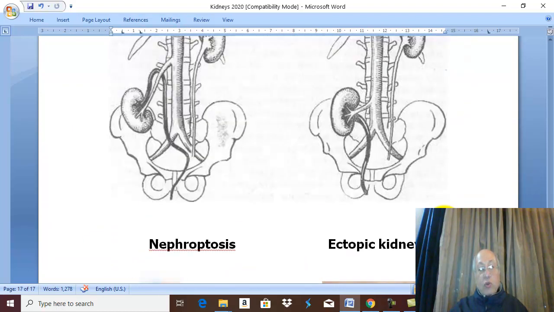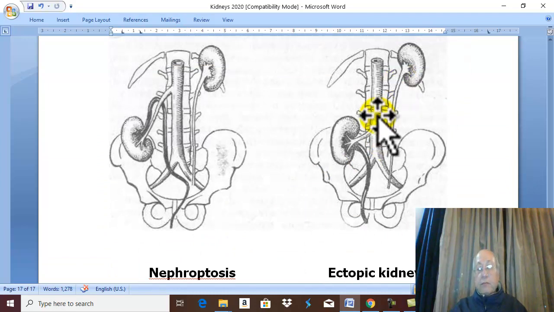Like this. This is a normal kidney in normal position, and in investigation, ultrasound or CT scan or MRI or IVU, this kidney is present here with a short straight ureter.